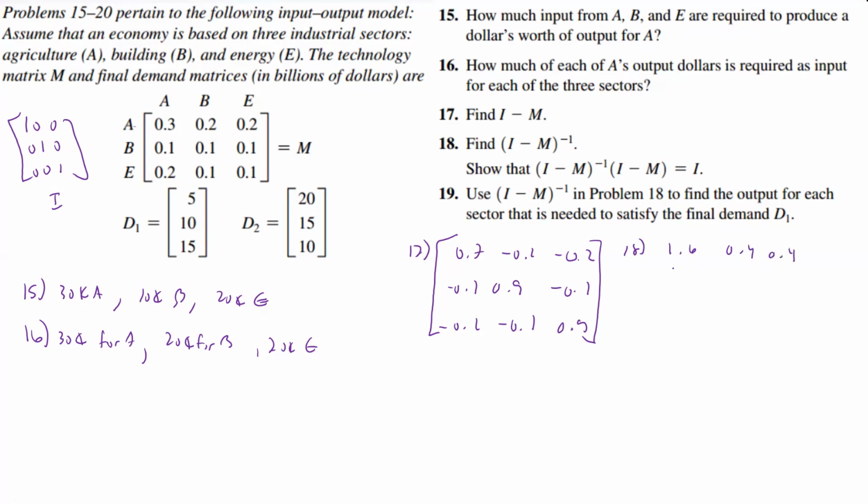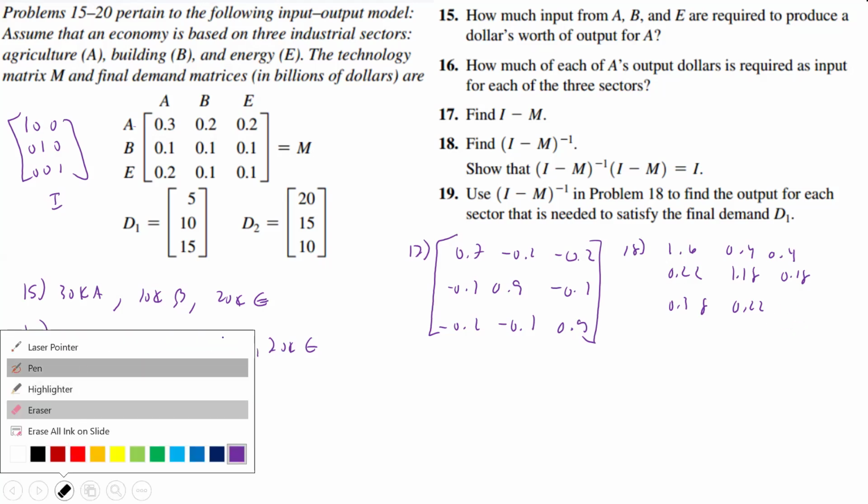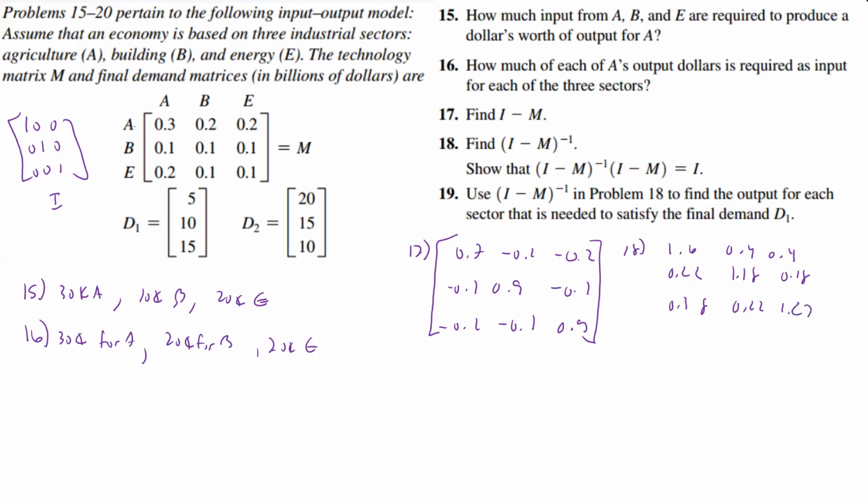Then we had 0.22, 1.18, and 0.18. Then we had 0.38, 0.22, and 1.22. And that was our inverse of I minus M.